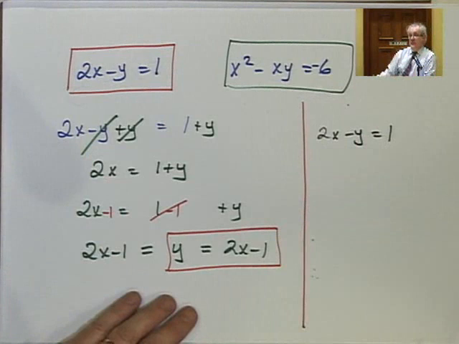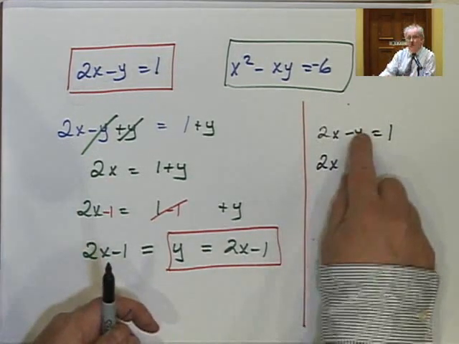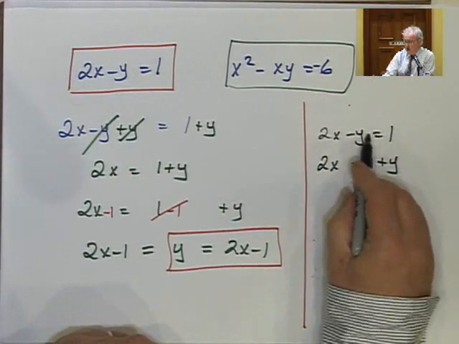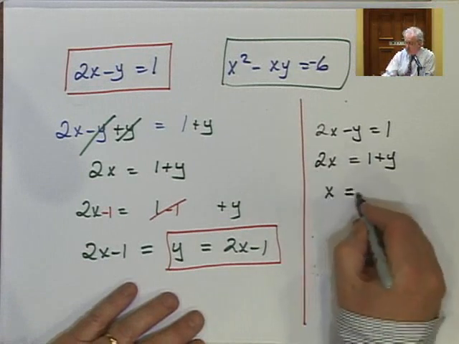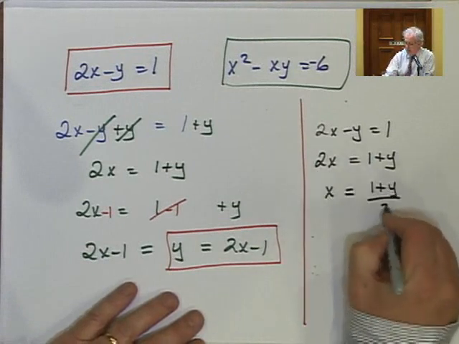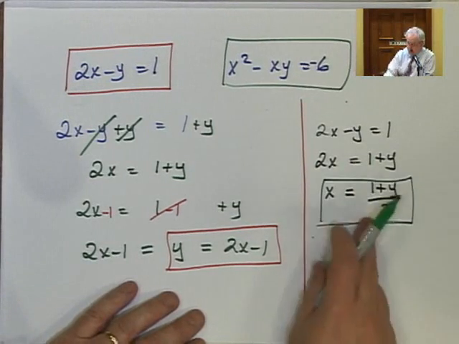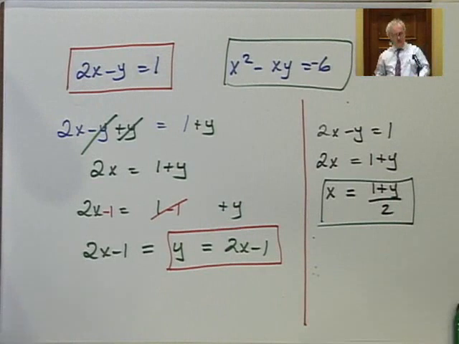I just want x on the left-hand side. Then I'd have said 2x, get rid of the y, and I'd say 1 plus y, because if I added y here, I'd add y there. To get rid of that 2, I just divide by 2. So I could either choose to go after the x or go after the y. It doesn't matter. Is it okay?